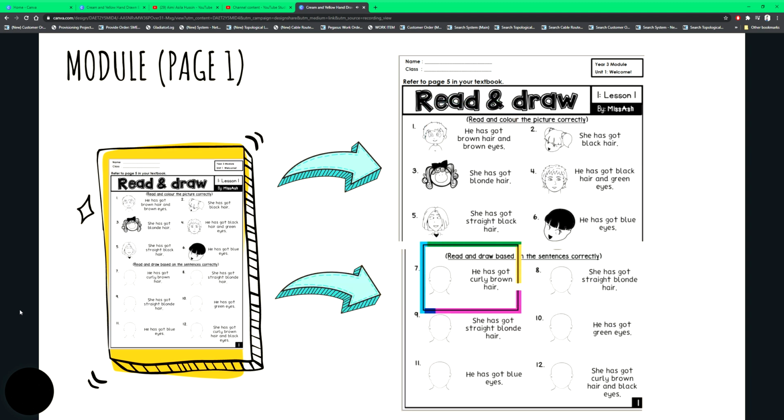Then you look at the second part here. Read and draw based on the sentences correctly. Let's look at number 7, the first example. He has got curly brown hair. So what do you have to do? You have to draw curly hair, for example, like this. Then you also have to color the hair, because the sentence says he has got curly brown hair.